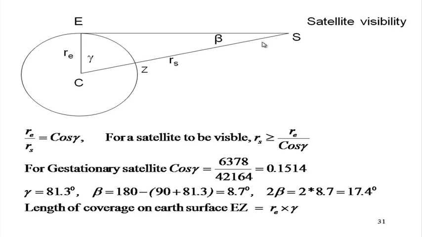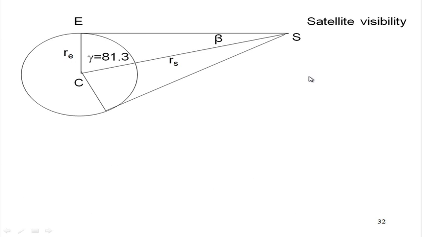That means a satellite, with a 17.4 degree angle, can see the earth end to end. The length of the coverage for the satellite visibility is this arc, that is RE into gamma. RE into gamma is this arc for anywhere in the satellite.